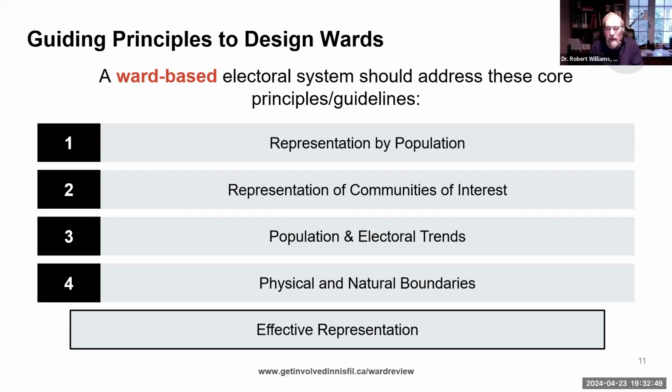And as well, some of the scenarios we talked about earlier, about developing options, it's possible that we could come up with an option that is very, very close to population parity and pays a little less attention to the other factors. And that may be one that has appeal.